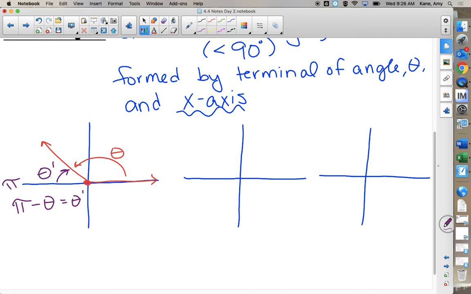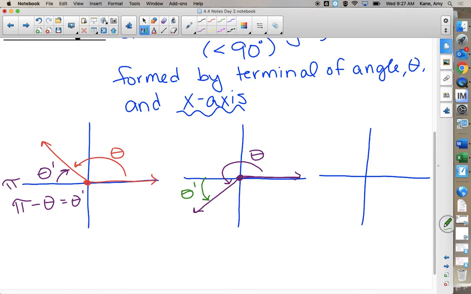So a second option would be an angle in the third quadrant. So here's the original angle. The reference angle is the angle that connects the x-axis and the terminal side. So it's always going to be acute, less than 90 degrees.